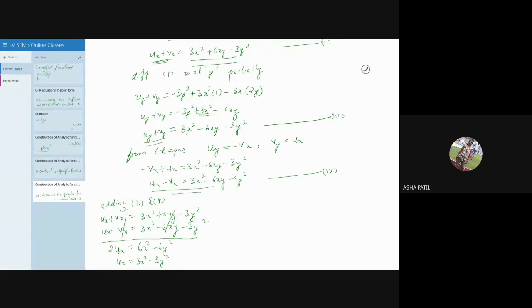Now, what about the other term? Let us subtract. We want vx for that. Subtract 4 from 2.